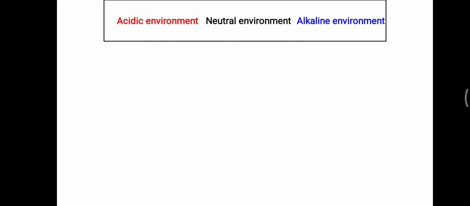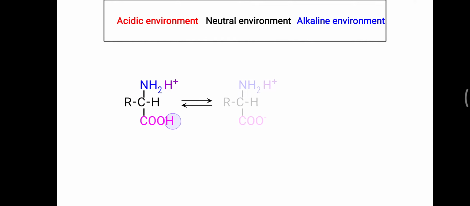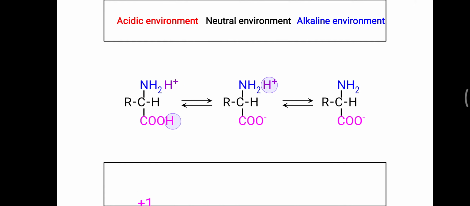So when this amino acid is present in a neutral environment, it will carry no net charge, meaning an equal number of positive and negative charges. But in an acidic environment, it will carry one positive charge, and that is called the cationic form. Opposite to that, in an alkaline solution, it will carry a net negative charge, called the anionic form.